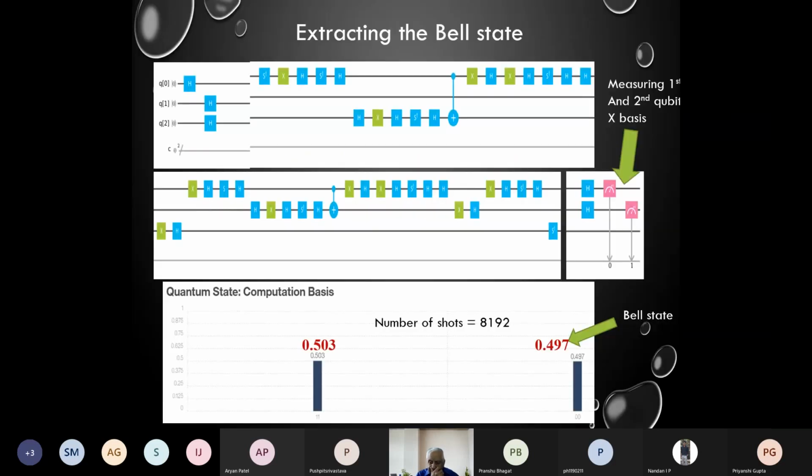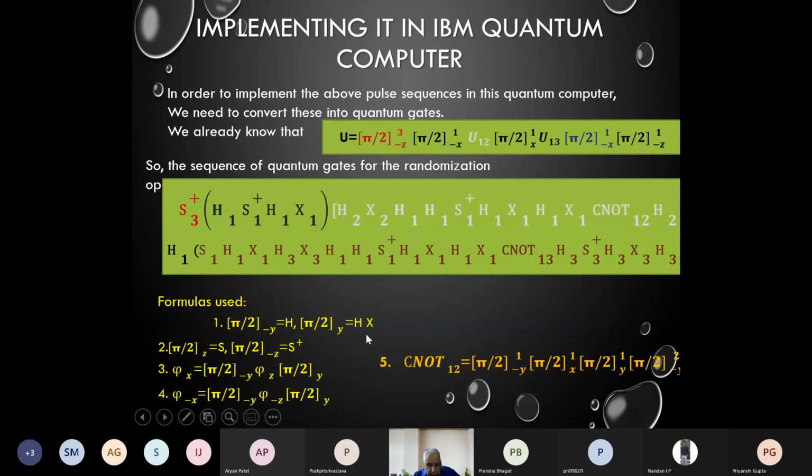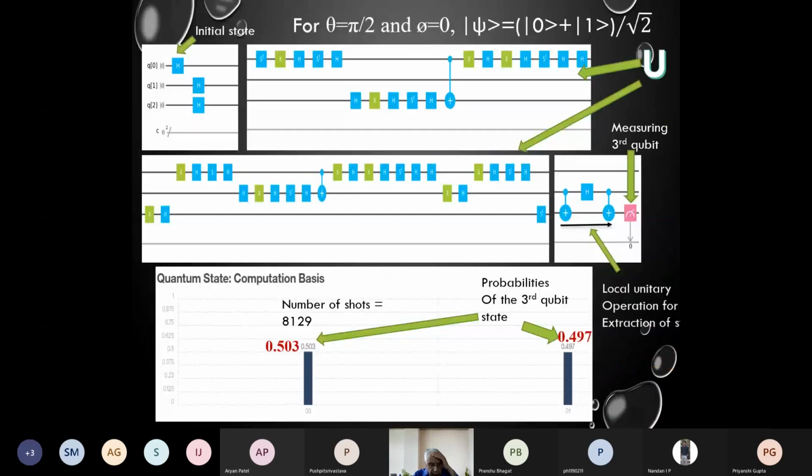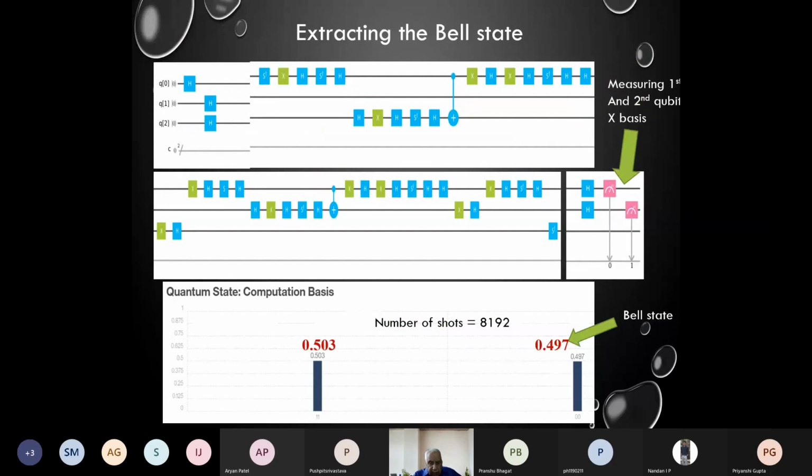The proof of the no hiding theorem is contained in this.